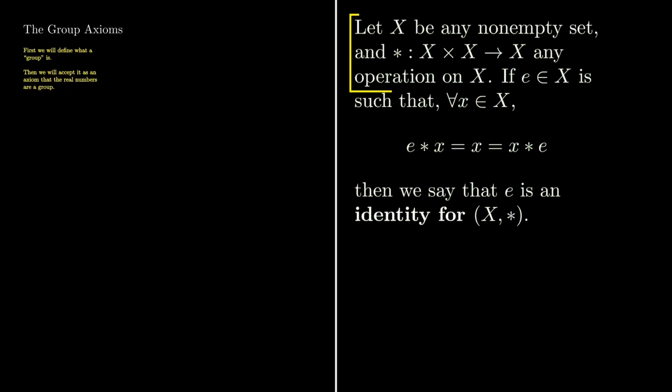And that also is part of what it means to be an operation, is that when you give it two elements from X, it returns back out a single element from that same X. So let's also just keep in mind that we're not only going to have star be the plus operation on the real numbers, we'll also consider star as sometimes being the multiplication operation on the real numbers.